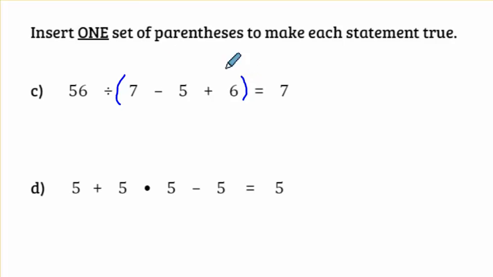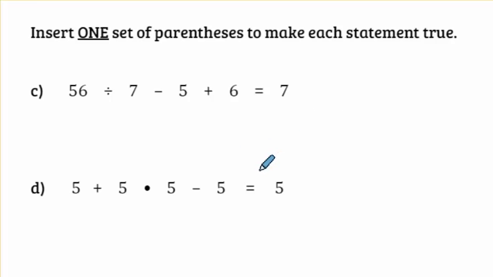If that's the case, we're going to do subtraction and then addition. 7 minus 5 is 2, and 2 plus 6 is 8, so that might work. If you think that's the solution, then you'll need to show your steps on your paper. I'm going to erase those because I'm not going to give you the final answer. I want you to think about it.